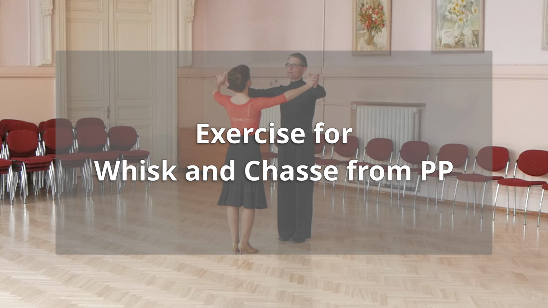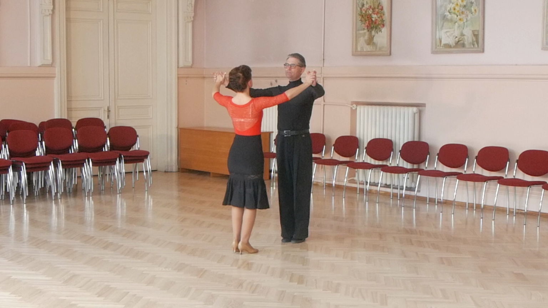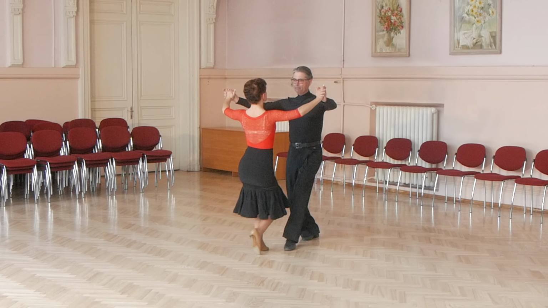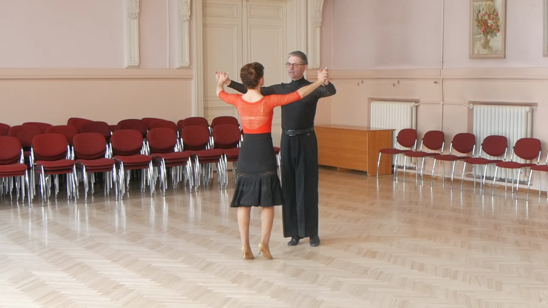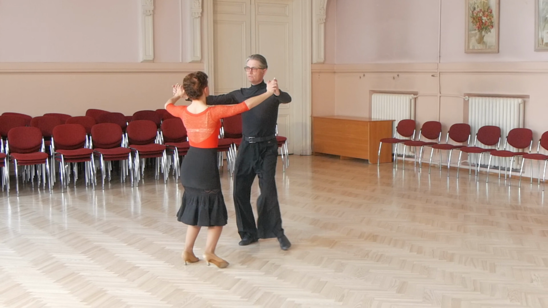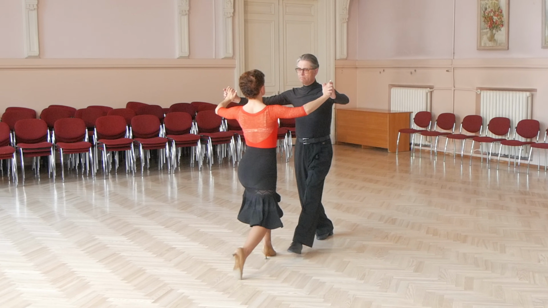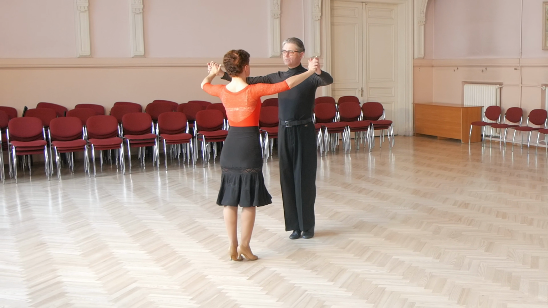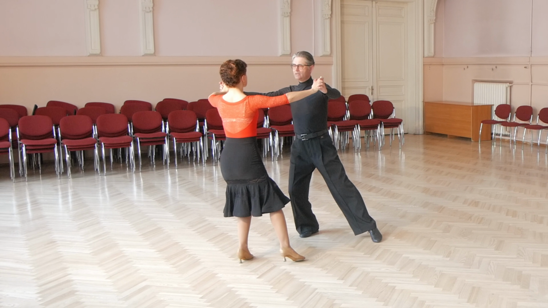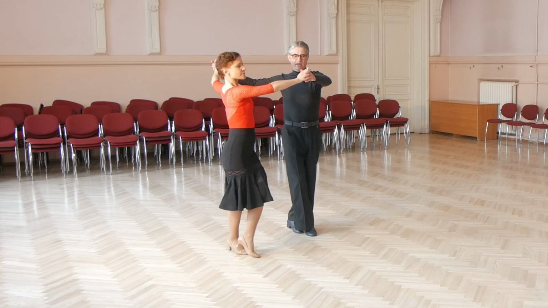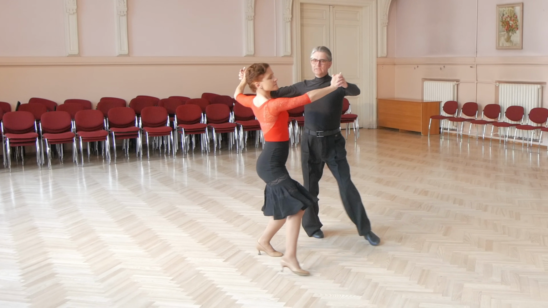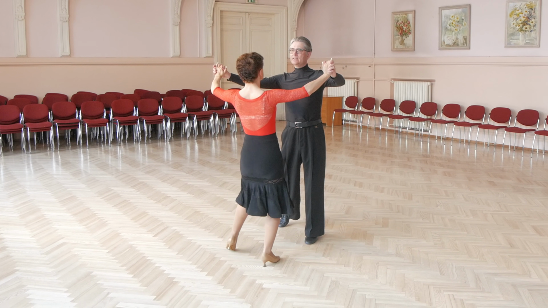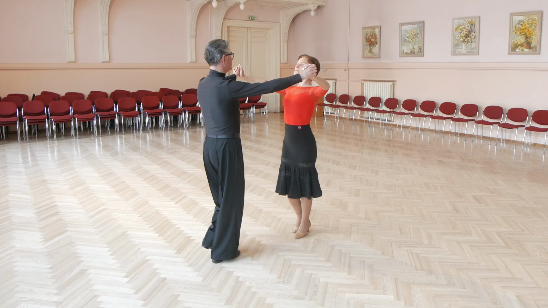Let's look at exercise for whisk and chasse from promenade position. Whisk is similar to close change, therefore we start with left foot close change, right foot close change, and left foot close change, but we do another ending with cross and finish in promenade position, then forward, side, close, side, which is chasse.